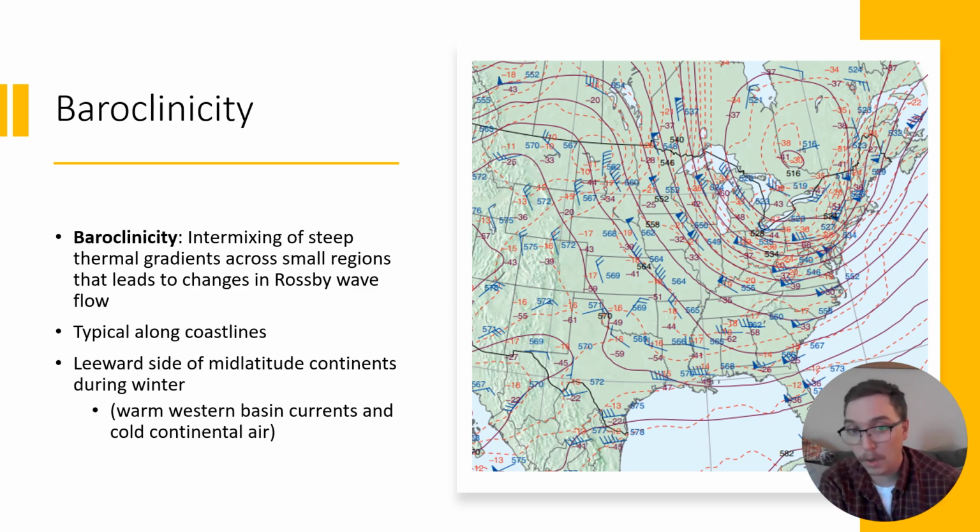It's even more typical on the leeward side of mid-latitude continents during winter, because you have the cold, frigid air from the continent encountering the warm western basin currents, and cold continental air kind of coming together. So you have a very steep thermal gradient, and that can impact and change the location of these Rossby waves.